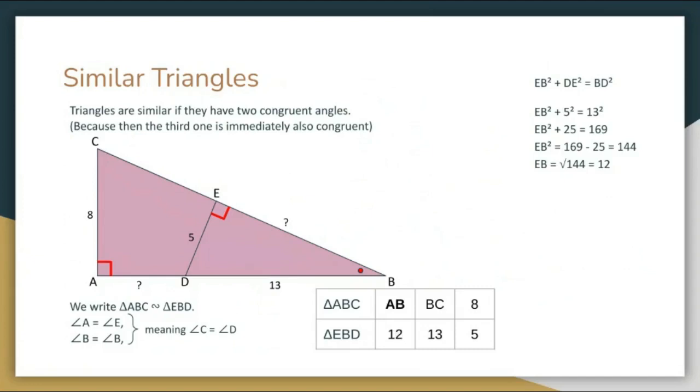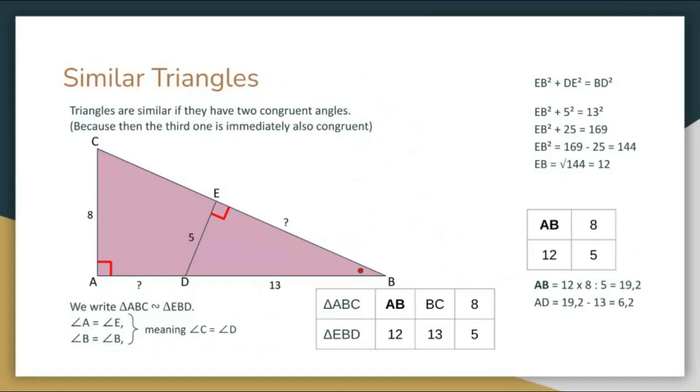We focus on these 4 cells and use cross multiplication to find AB. AB is 19.2. As DB is equal to 13, that would mean that AD is equal to 6.2. So don't forget about Pythagoras. You're going to need that crazy old Greek a lot more this year.